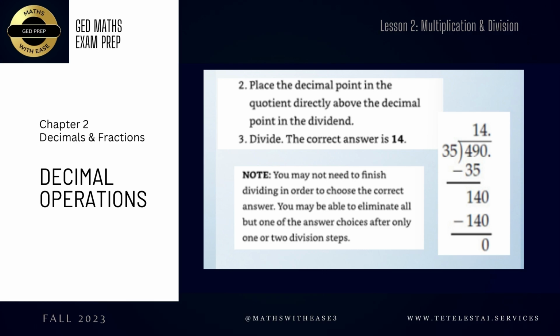Move on to the next place. 35 goes into 49 1 time. 35 times 1 is 35. 49 minus 35 is 14. Bring down the 0. 35 goes into 140 4 times. 35 times 4 is 140. 140 minus 140 is 0.